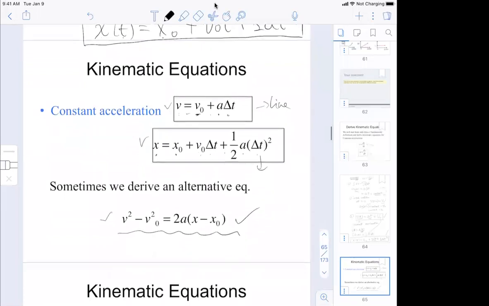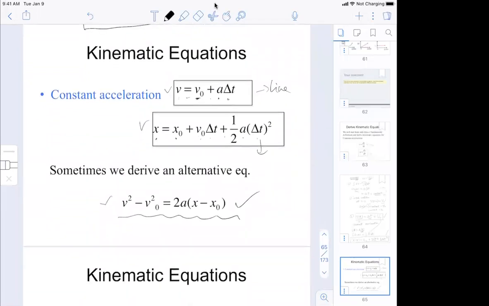Now, the choice of the equations. I think one of the difficulties students encounter is we were given so many equations, and I don't know which one to use. It depends on the quantities that are already given. Making an observation, in these two equations you have some information about the time, right? But in this case, you don't have anything about the time. So if a problem tells you velocity, acceleration, something about position, and doesn't tell you anything about time, you would probably think, okay, maybe this one is a bit easier.